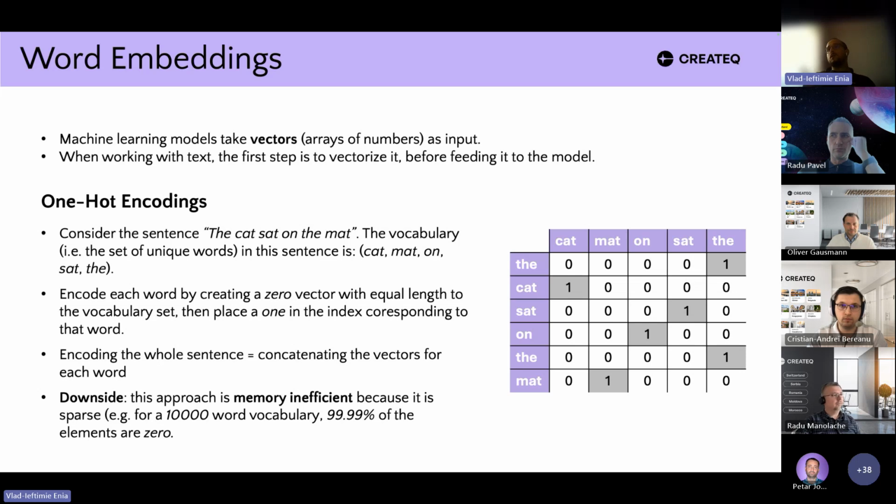Now, one approach, which we might call a naive approach, is to use one-hot encodings. How does this work? Let's say we have the sentence, "The cat sat on the mat." And the vocabulary of this sentence, which is basically the set of unique words of the sentence, is cat, mat, on, sat, and the.